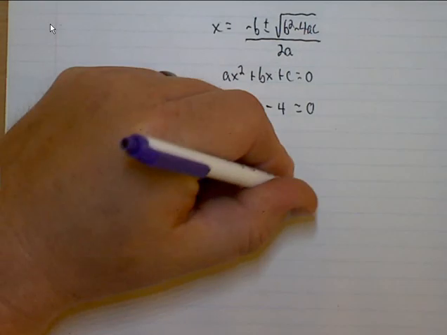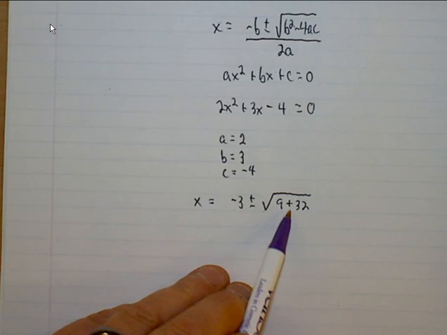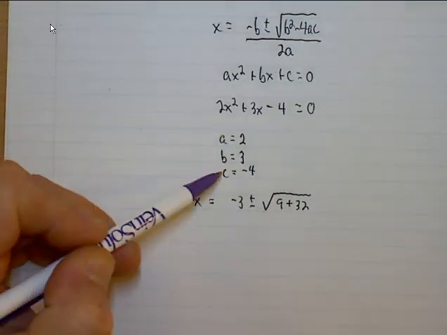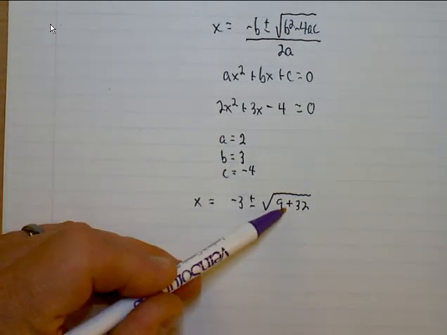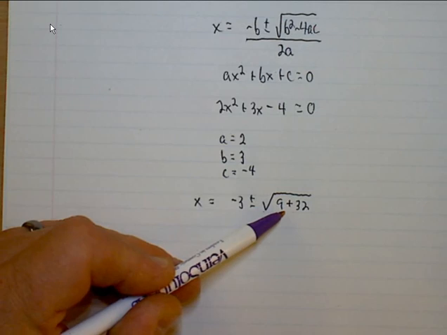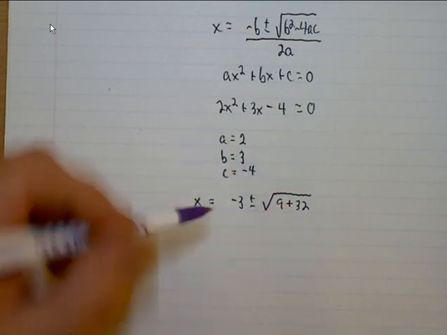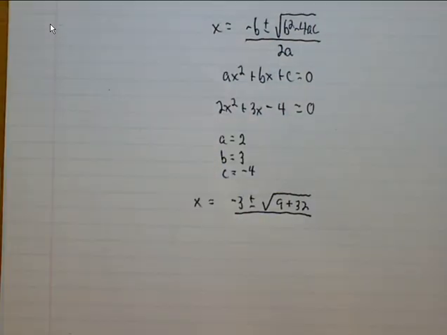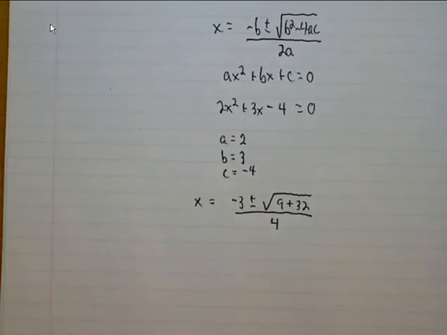And here's a hint on that. This is going to stay a minus when A and C are both positive or both negative. But if one of them is negative, either A or C, this will become a plus. That makes sense? All over 2 times A, 4. So just be very careful with your arithmetic.